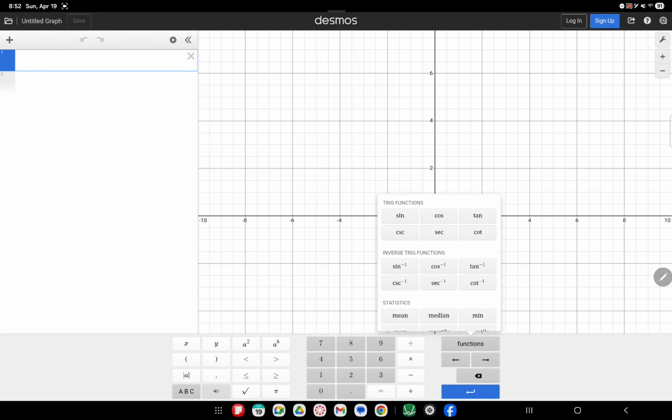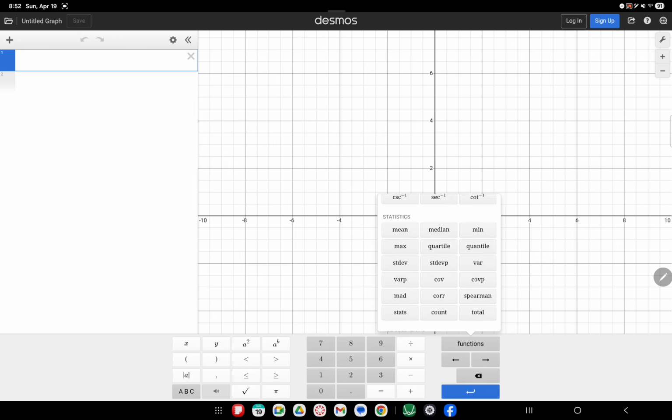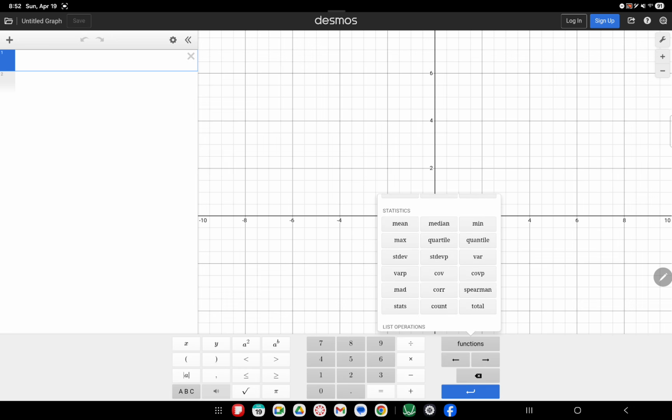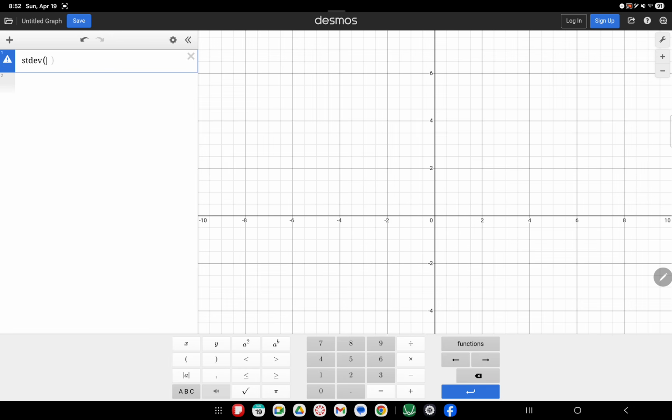There's a functions tab, and we can have statistics and standard deviation. So I can just put my values in: 5, 20, 8, 10, 35, and 12. And do you see? We get the same number. So the back end of it is doing that formula.